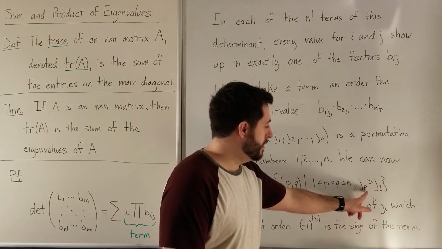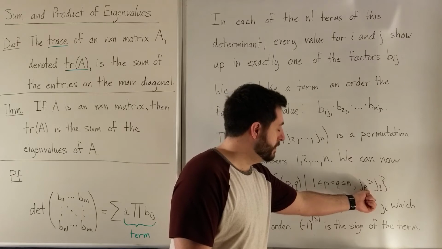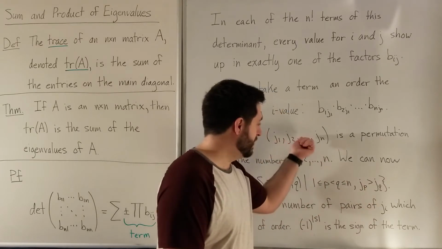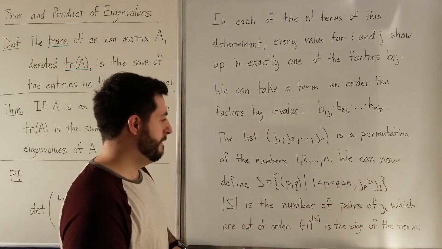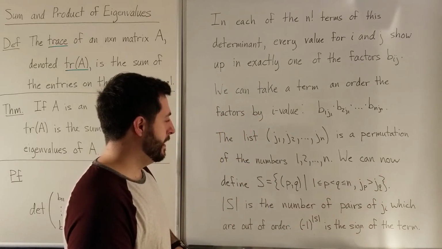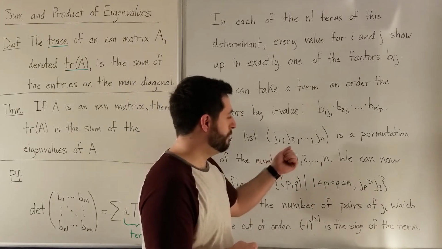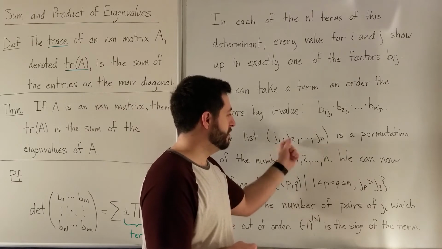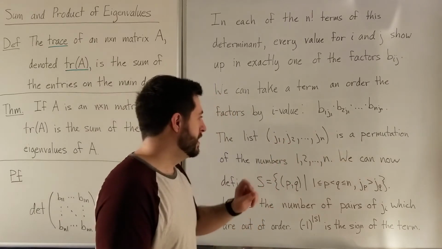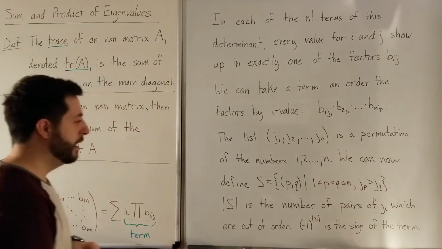I also want the property that the pth term on this list is bigger than the qth term. Since p is less than q, saying that the pth term is bigger than the qth term means that those two numbers are out of order, so a bigger number appears before a smaller number.